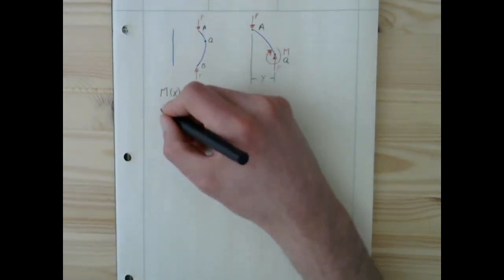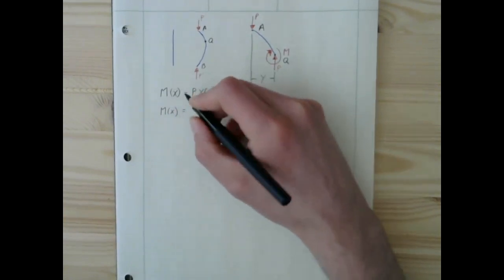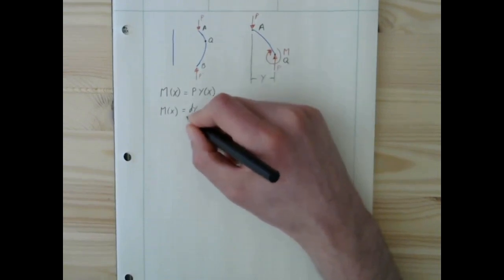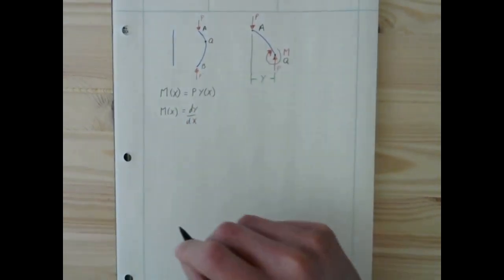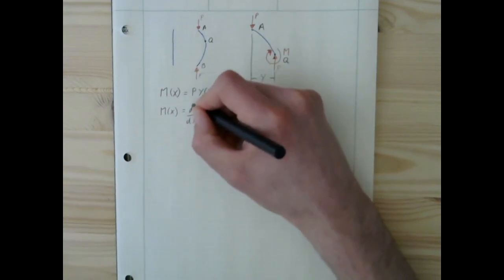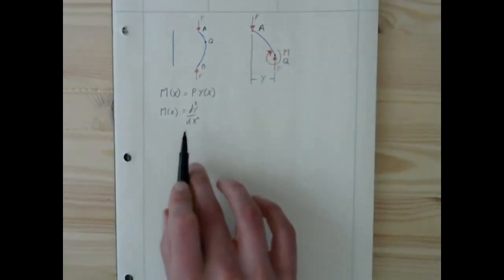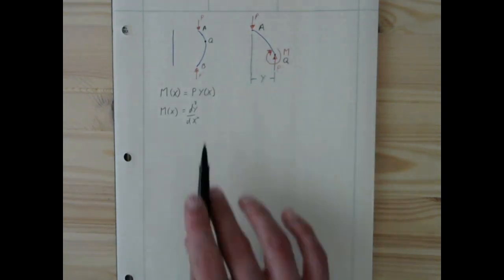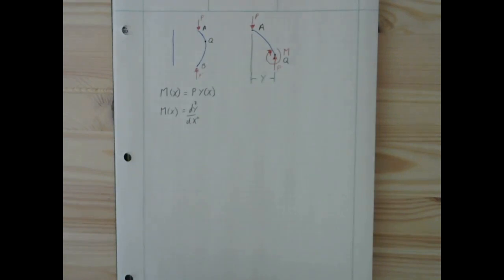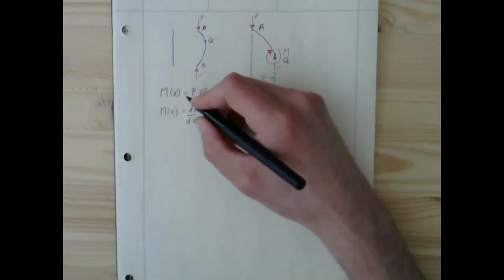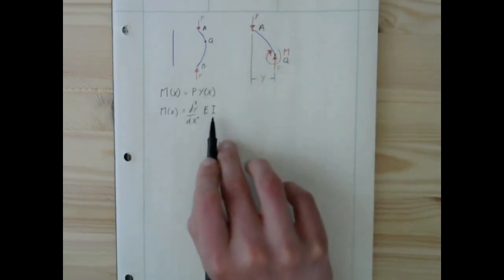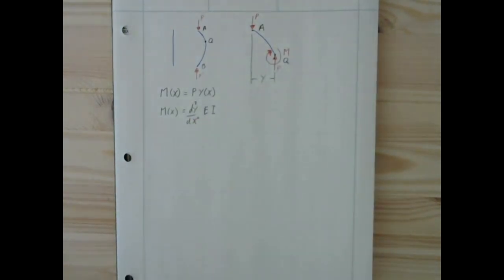So we can say that the moment is definitely equal to the derivative, the second derivative, I should say, of the function y. So we've got two of those. We can now set them equal to each other. Also remember that, let's not forget to put the second moment of inertia and the Young's modulus in there.